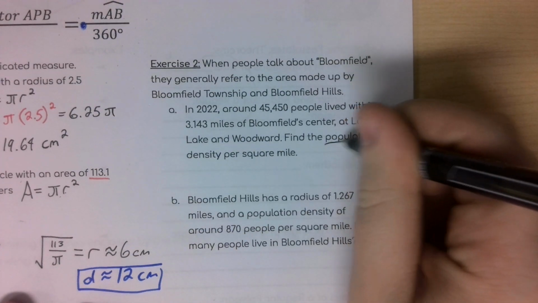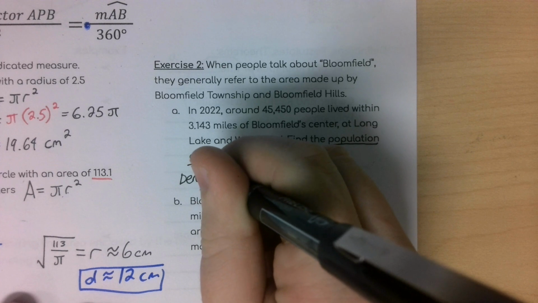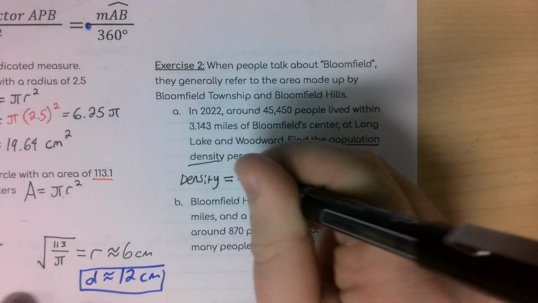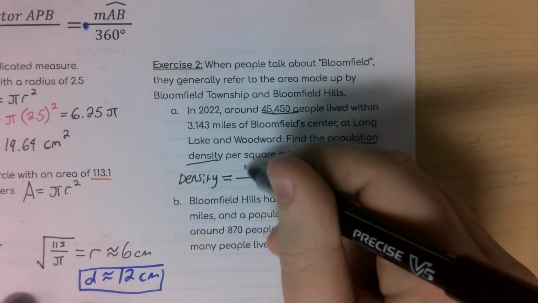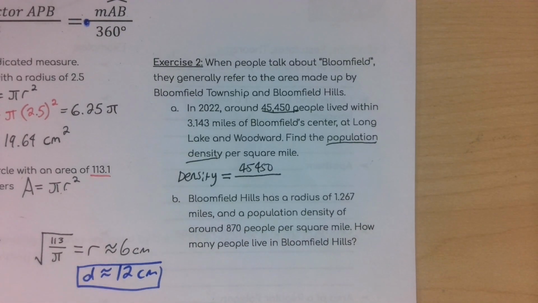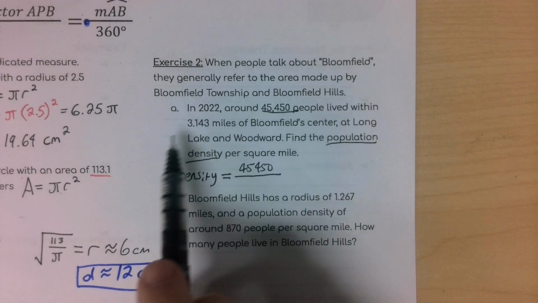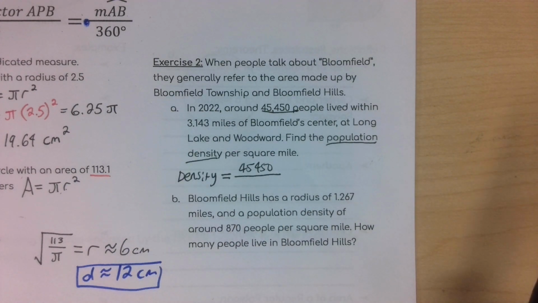Since we're asked to find the population density, do we know the number of people? Yeah, it's 45,450. But do we know the area? We don't. We do know that all these people lived within 3.143 miles, but that's not an area.